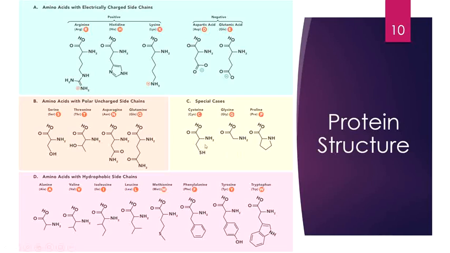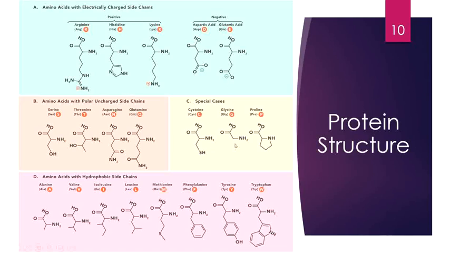Why unique? Because cysteine is the only amino acid that is able to participate in disulfide bond formation using this particular SH group, which none of the other amino acids could do.